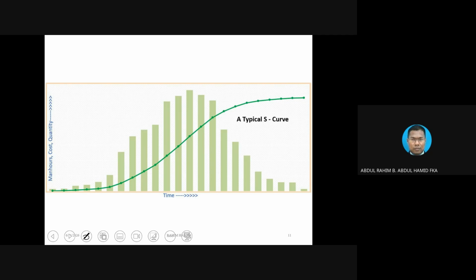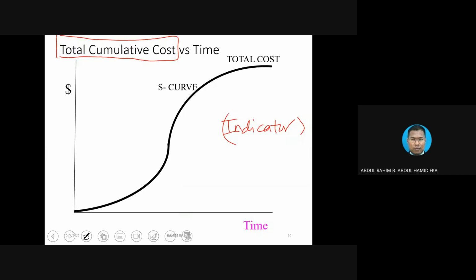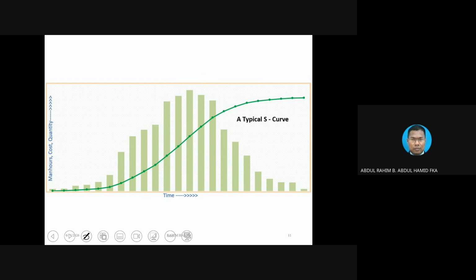It is just a graph that people might confuse. Where is the S? It is the association. People associate because there could be a possibility when you have many activities and you come up with the cumulative cost, it could have some kind of form like this. It could, but in some situations, it is just this kind of graph.